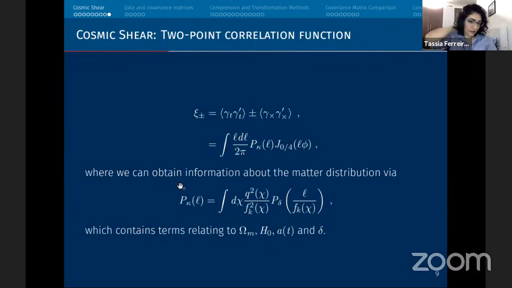Okay, and then the observable that we're interested in is going to be cosmic shear, which is given by psi here. So it's the correlation between these 2, the sum of the correlation of the 2 components. And you notice that I'm not writing anything about the convergence here.